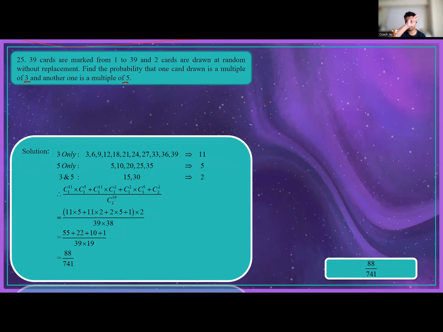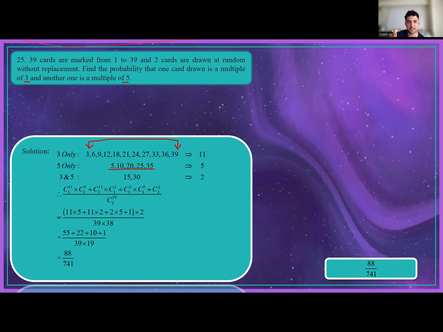From 1 to 39, you have a total of 11 multiples of 3, and for 5, a total of 5 numbers. For both 3 and 5, you have 2.